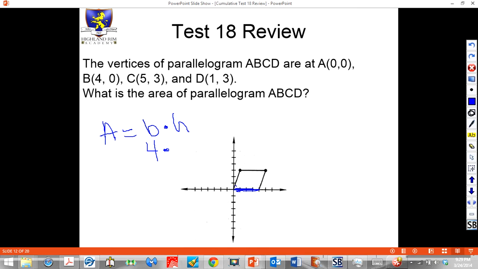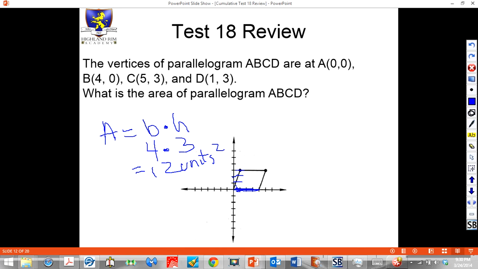Our height is 1, 2, 3. Okay, 4 times 3. So our base times height is 4 times 3, and our area is equal to 12. And that would be 12 units squared, or any way we want to look at that.